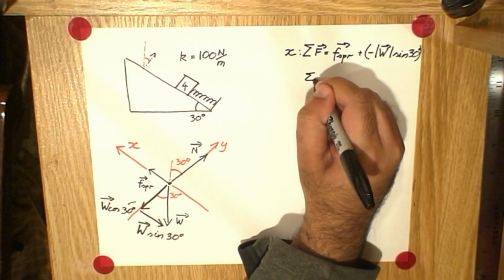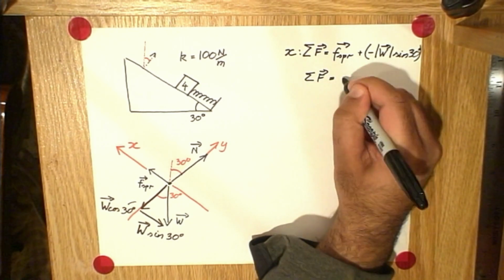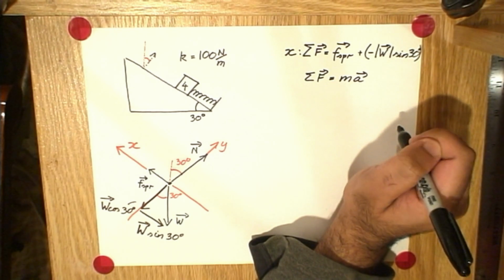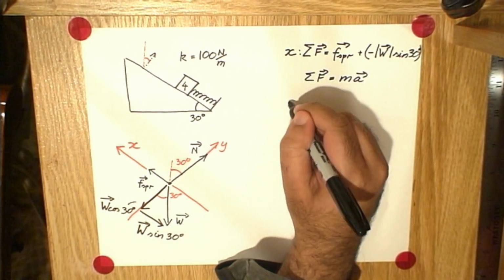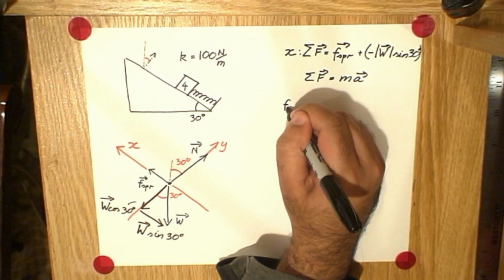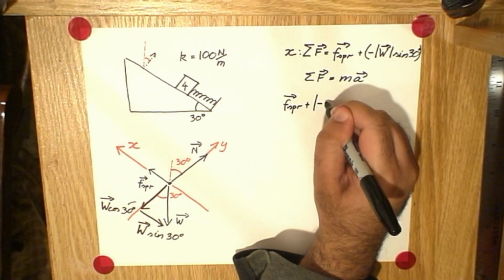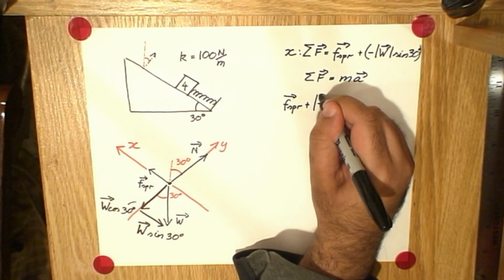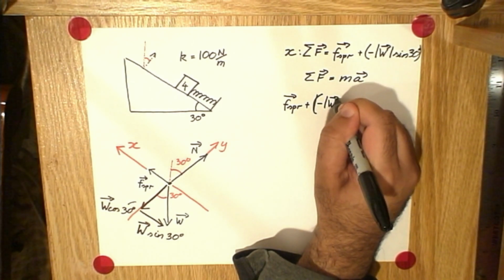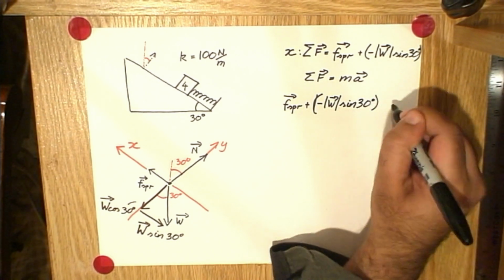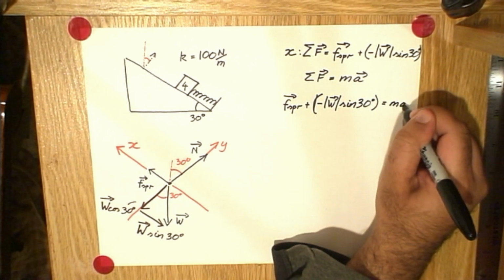But total force in the x direction is equal to mass times acceleration in the x direction. So we can combine these to say that the spring force plus the negative weight force sine 30 degrees is equal to mass times acceleration.